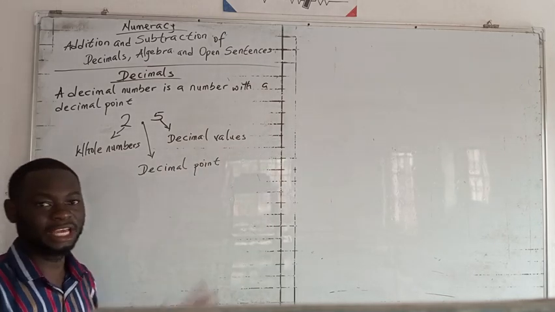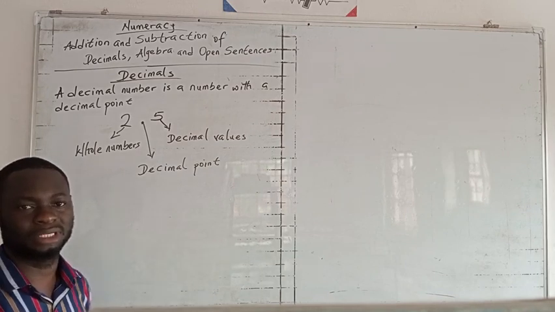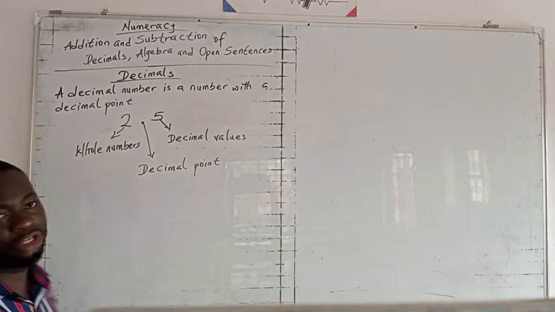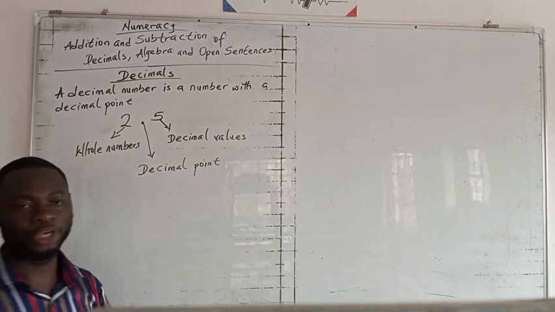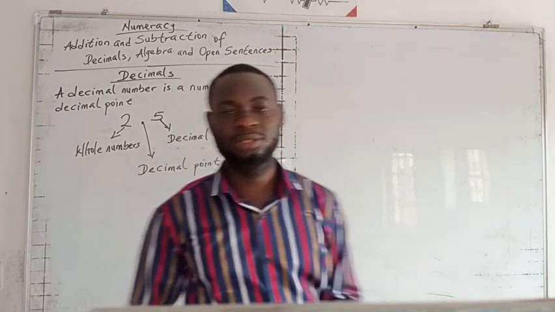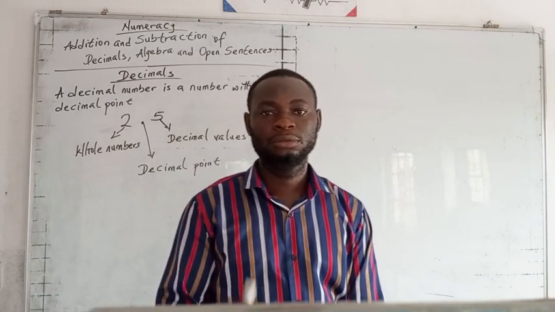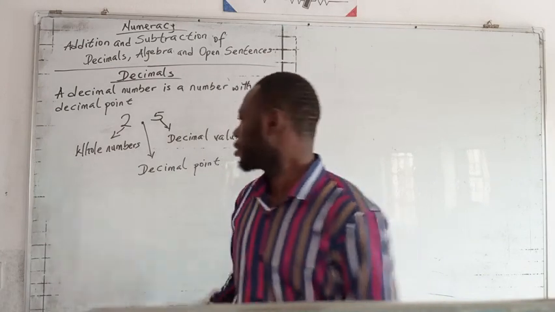Alright? So having said this, I just decided to introduce us to what decimal numbers are. So a decimal number is a number with a decimal point. Now there's one thing we have to bear in mind, and that is every whole number is a decimal number of 0.0.